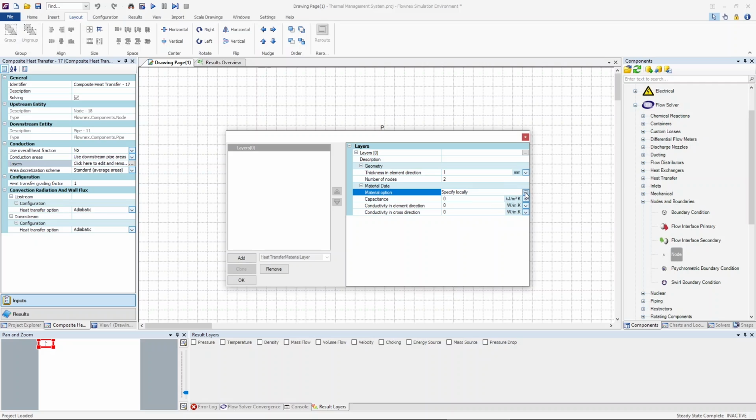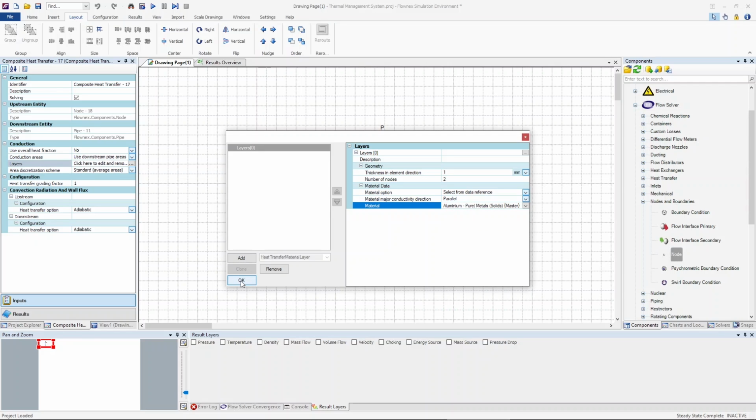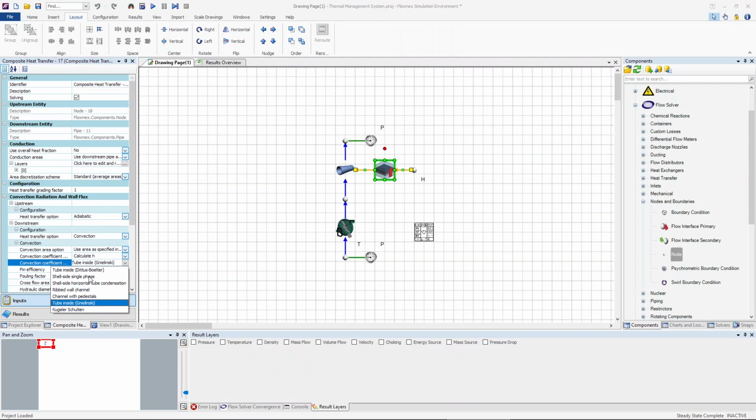And then the material we can specify as aluminium, which will be under metals, pure aluminium. And then we did specify the conduction. For the convection, the heat transfer option for the upstream will be adiabatic, and then the downstream will be convection, and we calculate the convection coefficient. And let's say for this example we will use Dittus-Boelter.